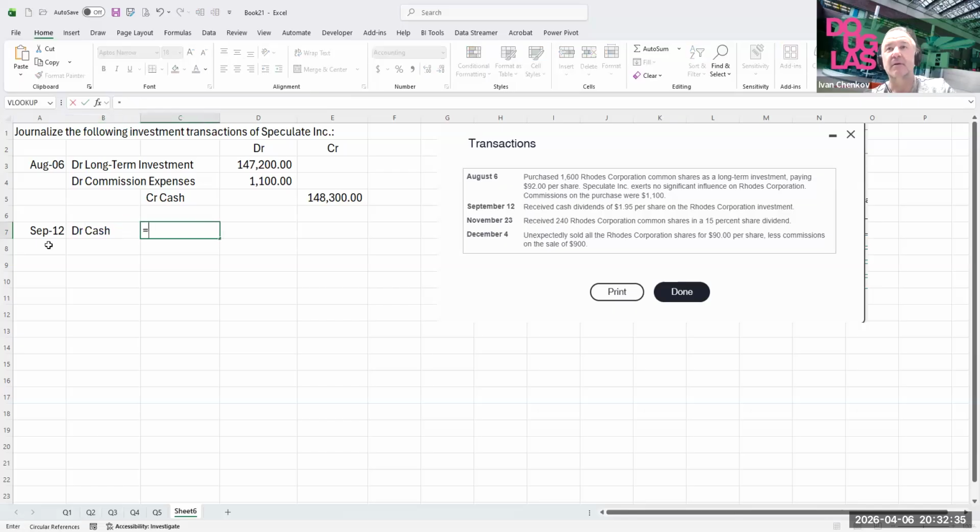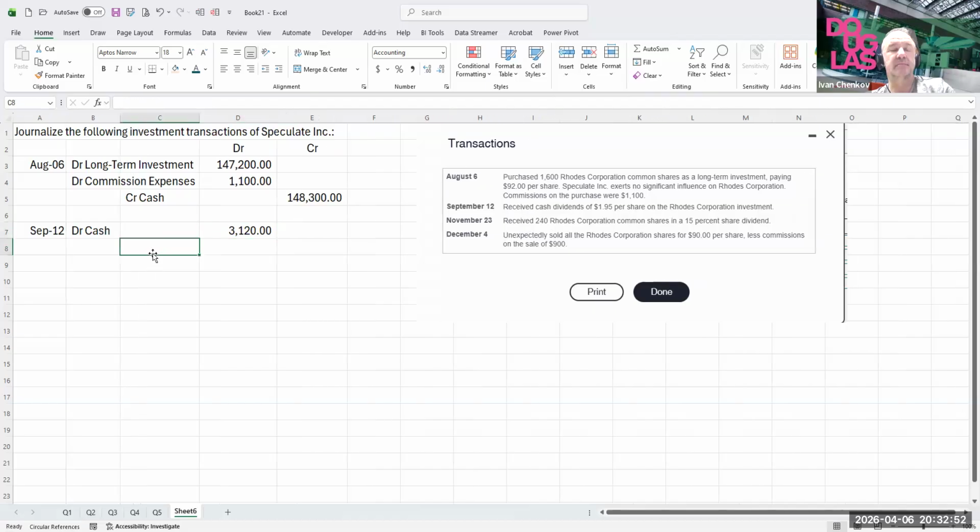And since we have 1,600 shares, which pays us 1.95 dividend per share, we get 3,120. Credit will be dividend revenue. And that dividend revenue will be exactly the same amount.